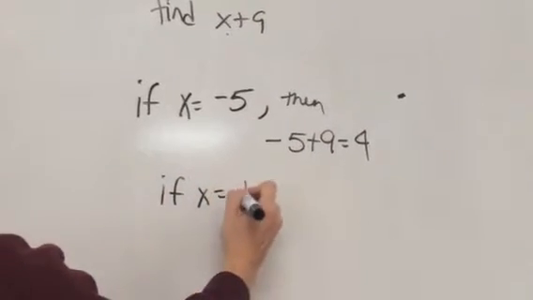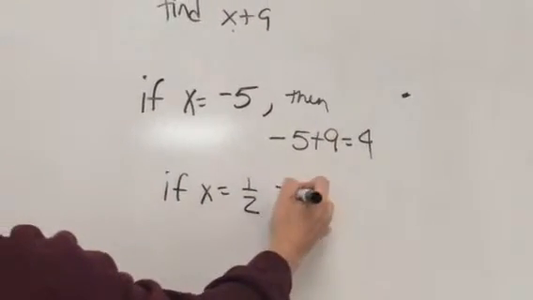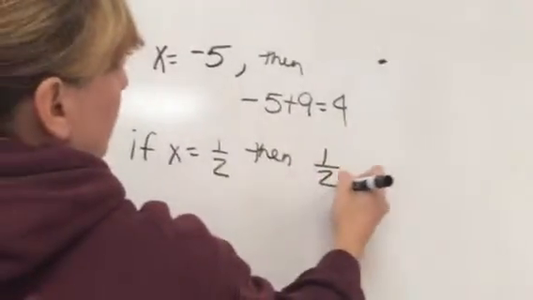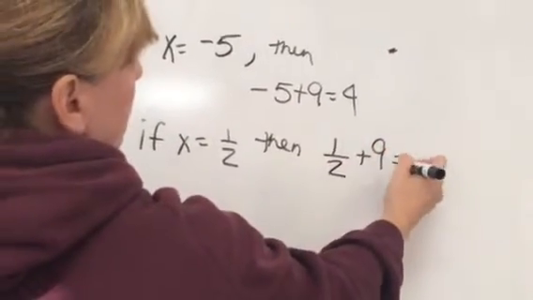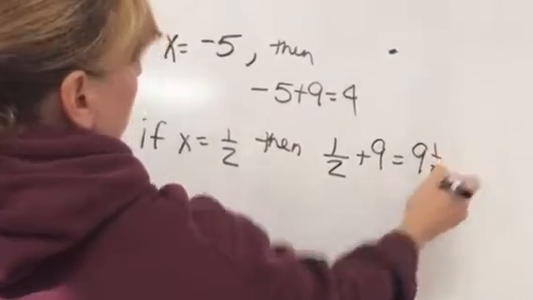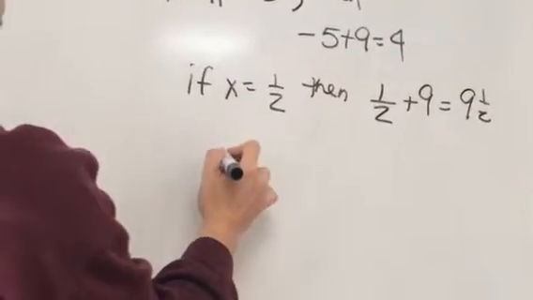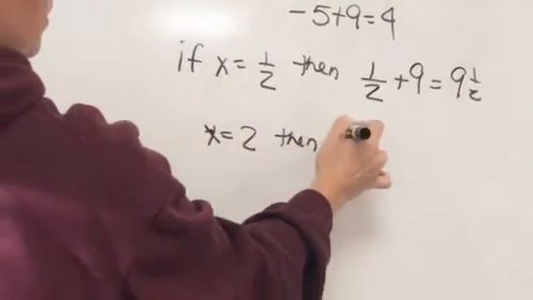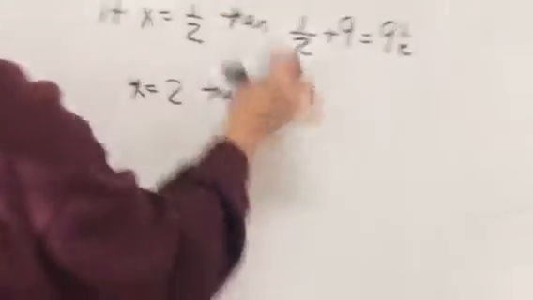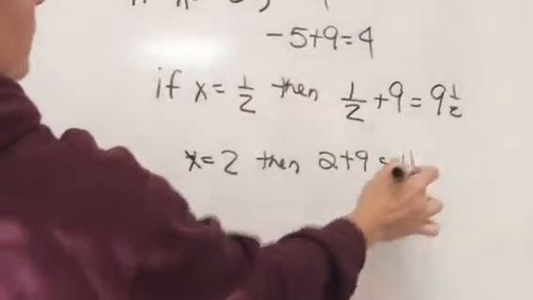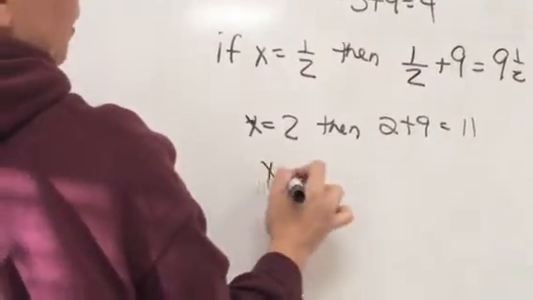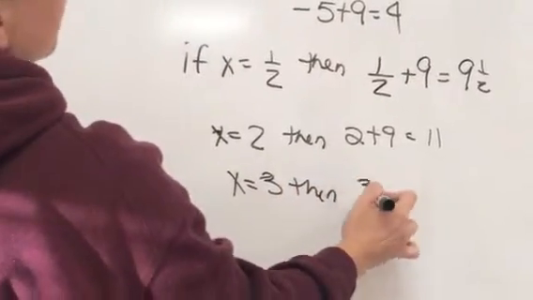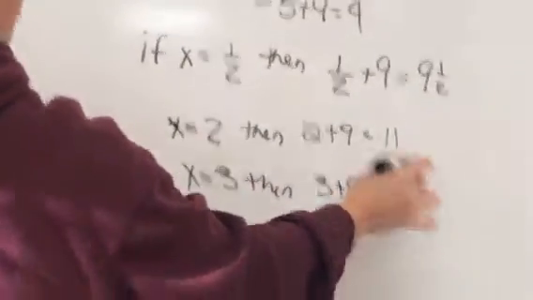If x equals 1/2, then you plug in 1/2 for x. 1/2 plus 9 equals 9.5. If x equals 2, then 2 plus 9, I'm just plugging in the 2 for x, equals 11. And if x equals 3, then 3 plus 9 equals 12.